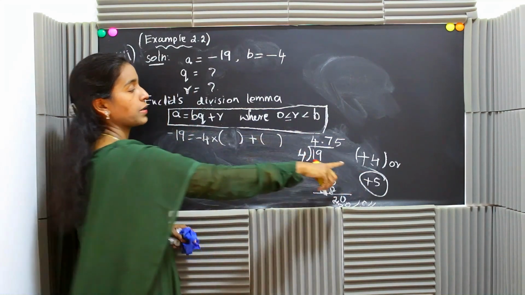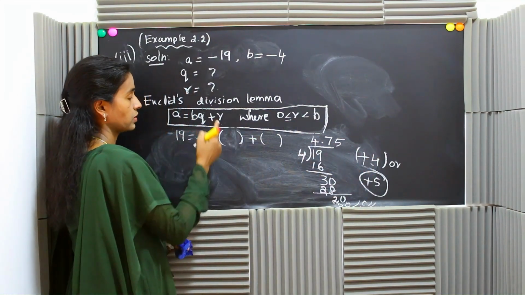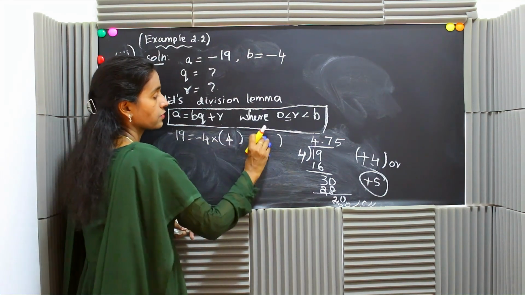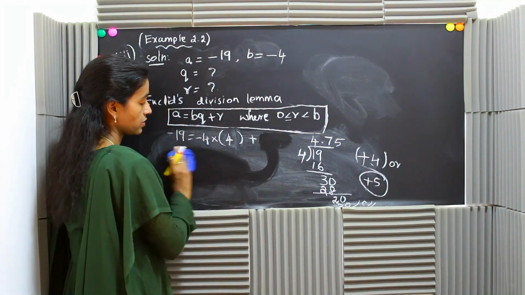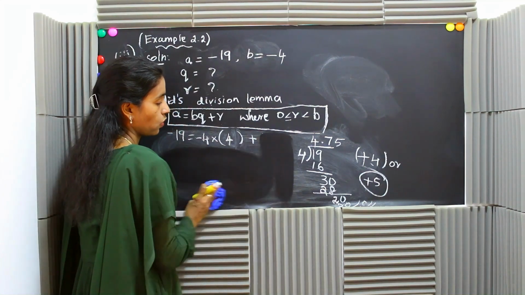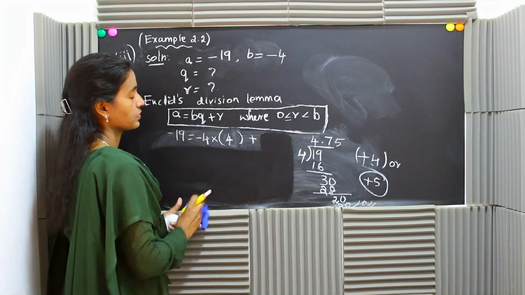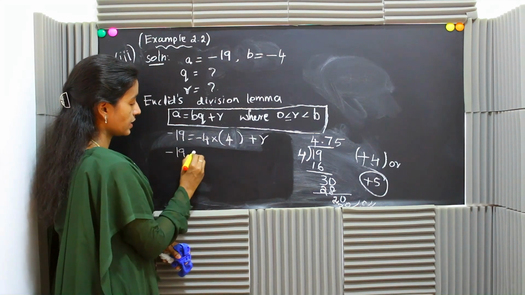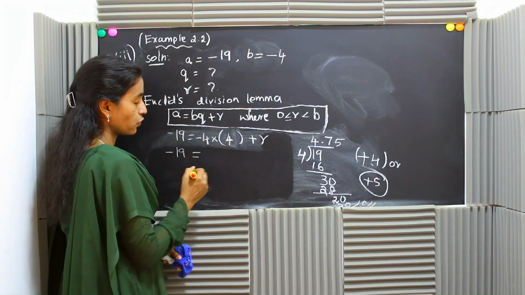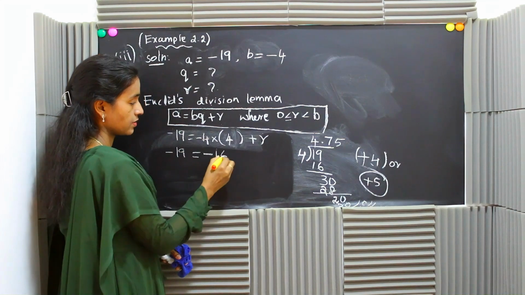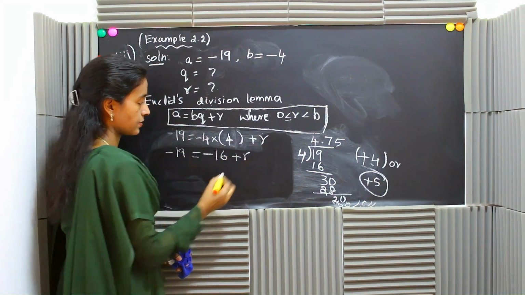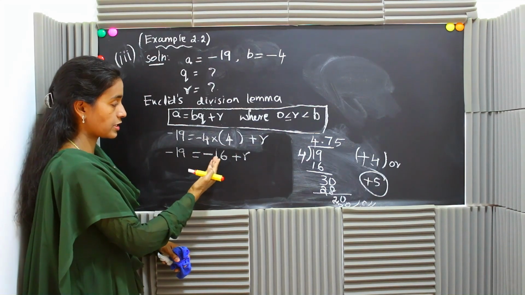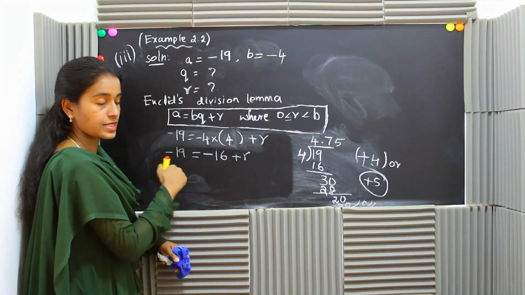Okay, now I'm taking plus 4. Here Q value is plus 4, and from this I have to find out the value of R. Minus 19 equals minus 4 into 4, minus 16, right? Then plus R. If I take minus 16 to this side, it becomes plus 16.